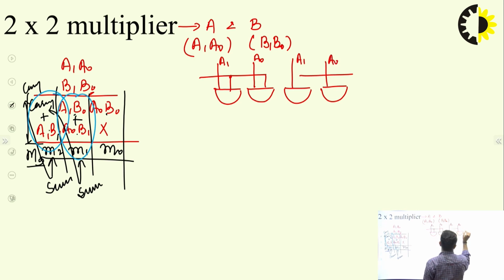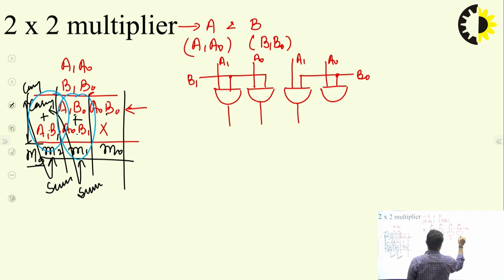This is my first row, in which I have multiplied A1 A naught with B naught. So this is my B naught and this is my B1. So all 4 products are generated.